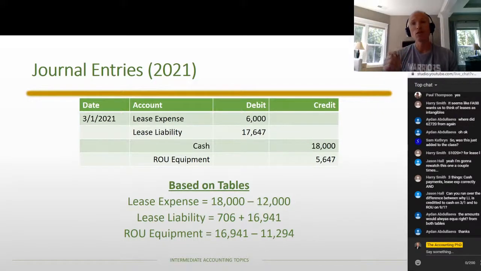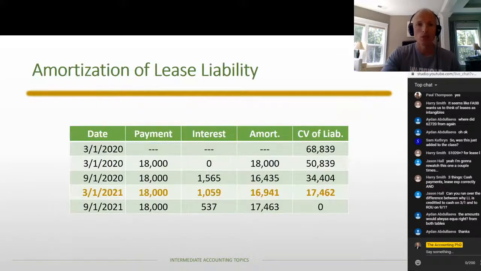If you remember, when we did the finance lease, we said that when we had a partial accrual and then a subsequent payment, the amortization or the reduction to the lease liability reflected two things. It reflected the amortization from the table, and it reflected any interest that we had accrued to that account. We're doing the exact same thing here. If we go back to the table, you can see that the amount of amortization is $16,941, right?